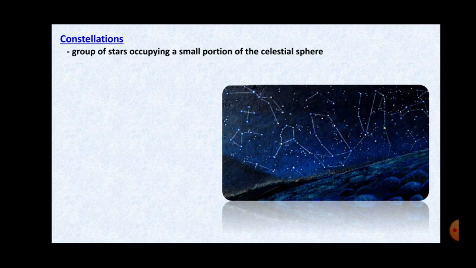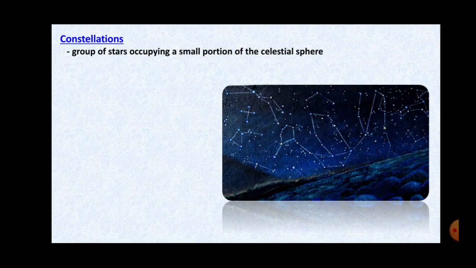These groups of stars form certain figures of animals, of humans or objects. And these figures are named after certain events, or there are certain beliefs of the times when these constellations were identified. And thus there are 88 constellations as per the Western observers.